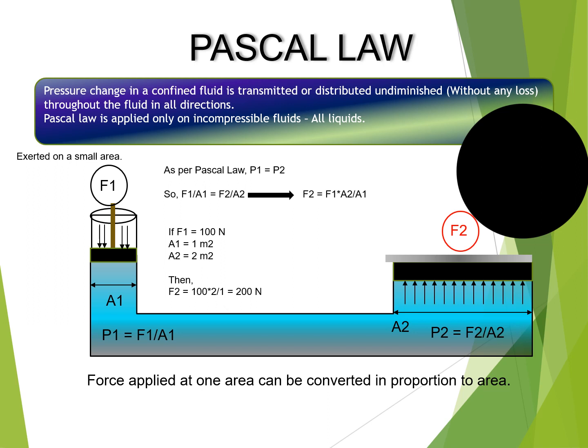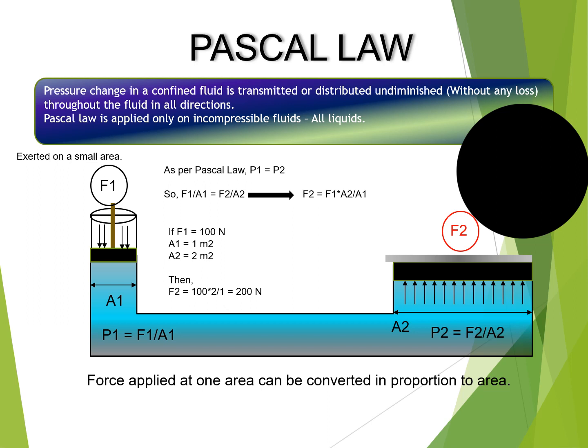Now as per the Pascal law, same P1 shall come here because the pressure is going to be undiminished. There will not be any loss. So if it is P1 here, it will be P1 here also.